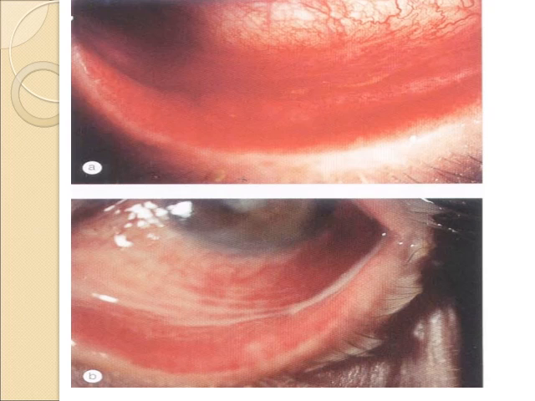What sign is seen in this slide? This slide shows the discharge. The discharge is seen gluing the eyelashes together and is seen also in the fornix.